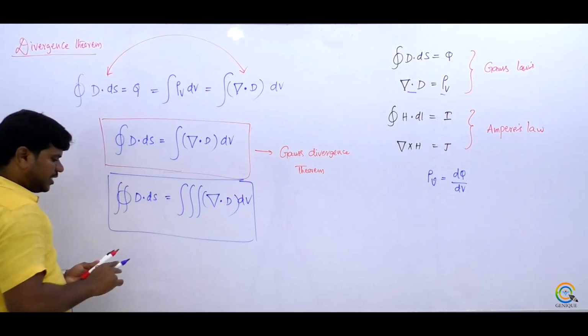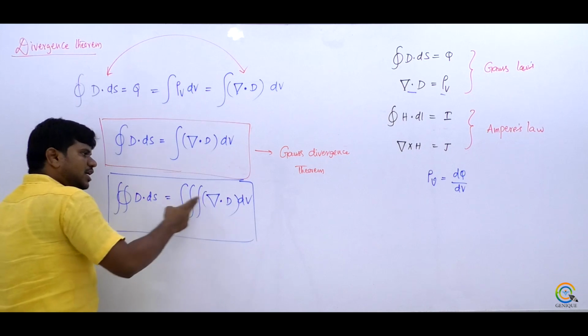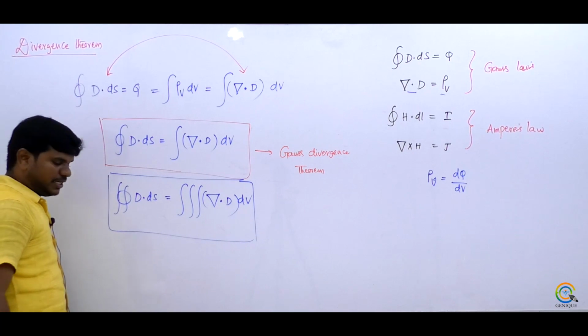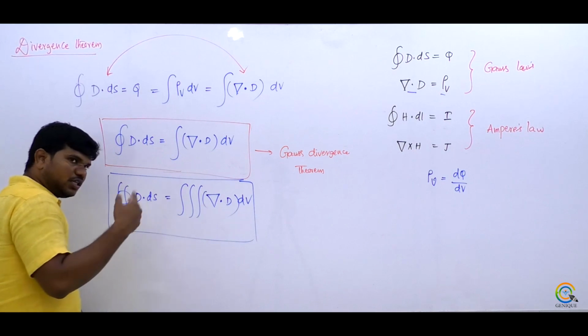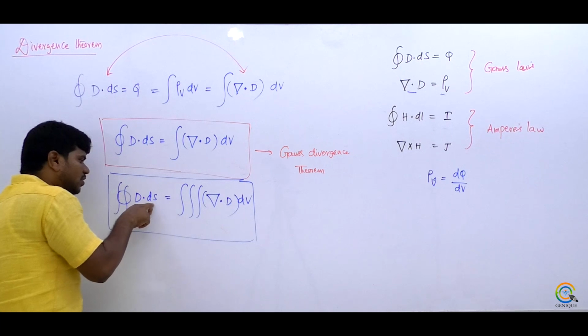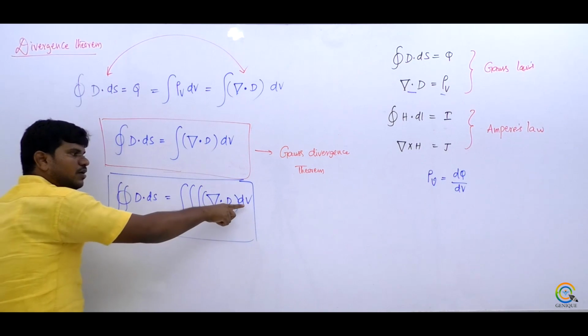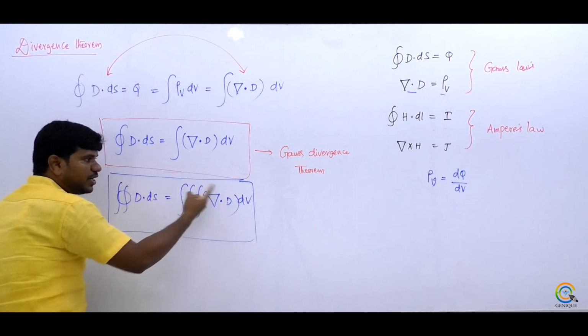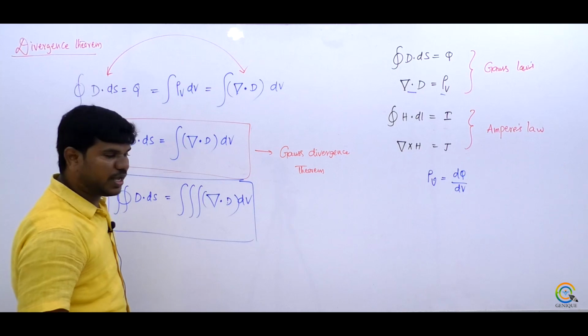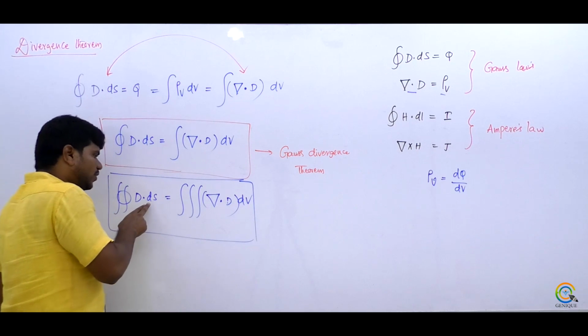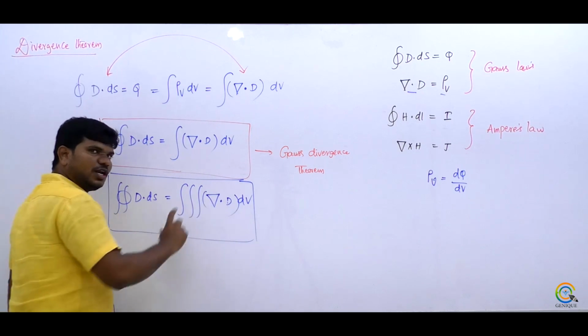That means the double integral is converted into the triple integral. Or otherwise, it is the closed surface that is converted into volume. So we can say that the closed surface can form the volume.